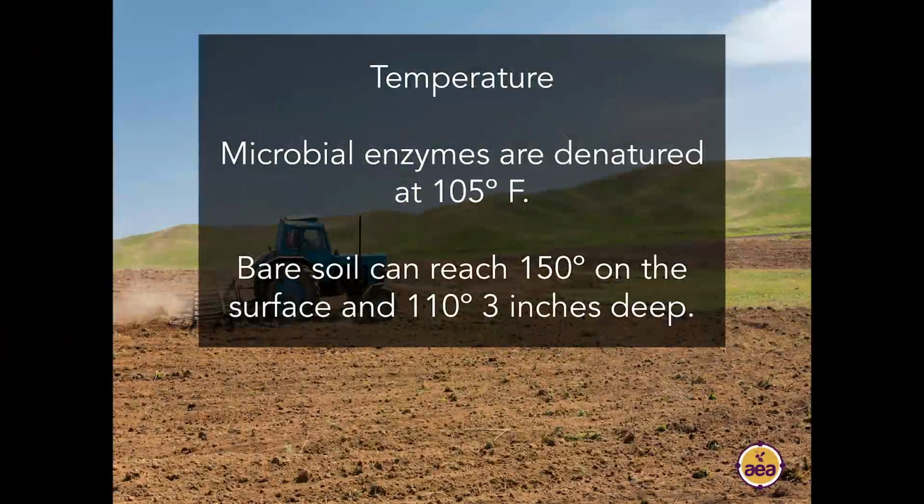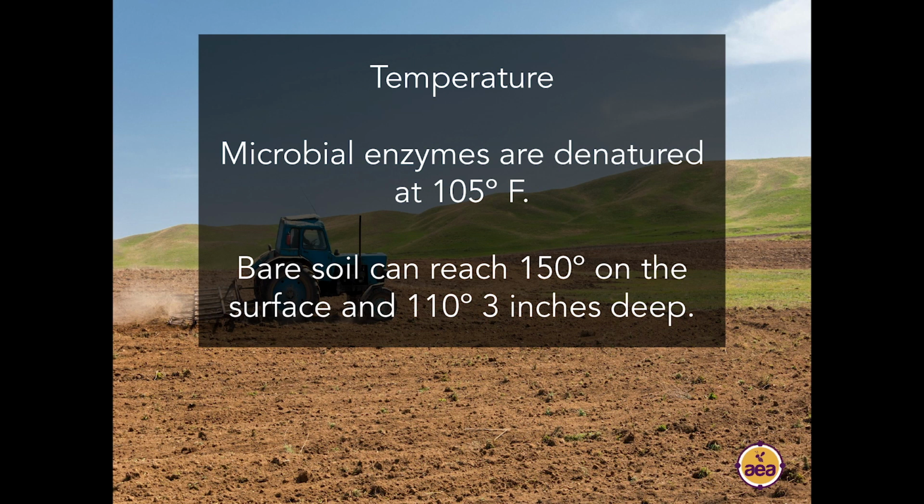The first is temperature. The enzymes that are present in all living systems and that are produced by biology are denatured at 105 degrees Fahrenheit. And if you have soil that is bare and the sun is shining on it during the summer throughout much of the Great Plains and the High Plains, bare soil can reach as much as 150 degrees Fahrenheit on the surface, and it can be 110 degrees Fahrenheit 3 inches deep.